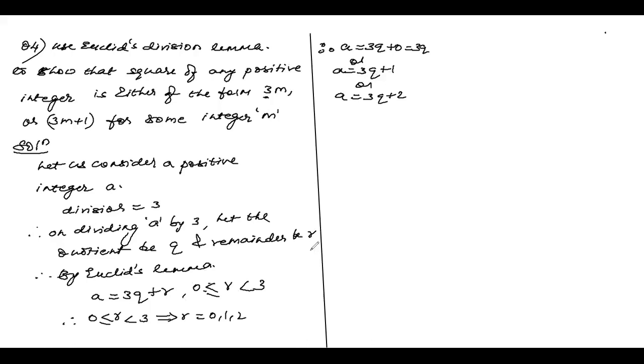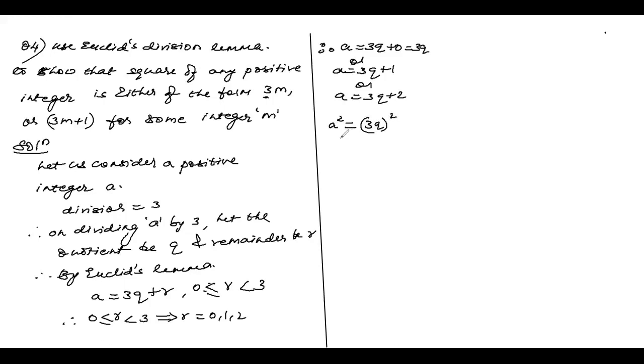Got it? And now you want to check the square. See the question: show that the square of any positive integer is of a certain form. Our a was a positive integer, and it is either of the form 3q or 3q plus 1 or 3q plus 2. So now I want a square.